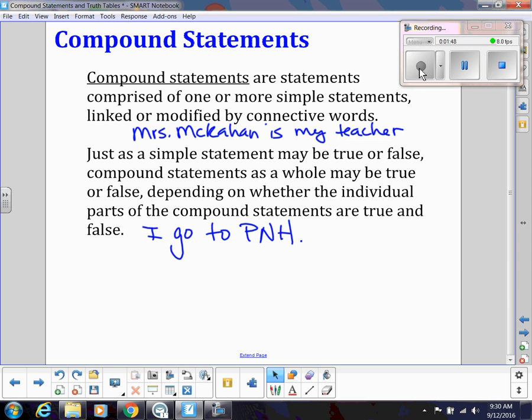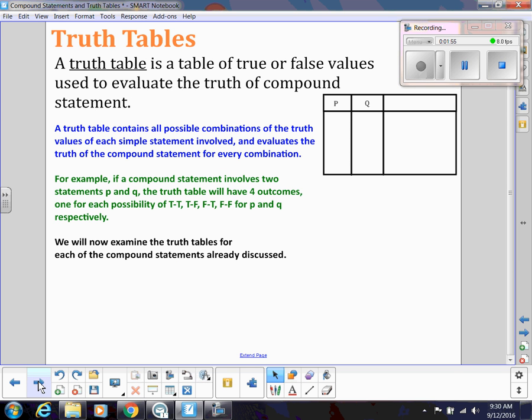So in order for us to analyze statements a little bit more and consider all of our options, we are going to do what we call truth tables. A truth table is just a table of true-false values, and we use it to evaluate the truth of a compound statement. We're going to break that compound statement apart and look at its individual pieces and then analyze it as a whole.